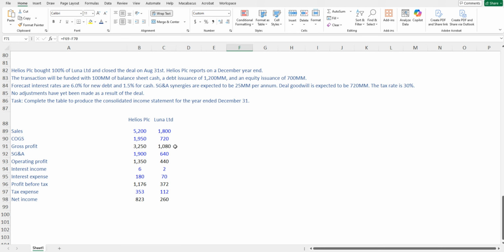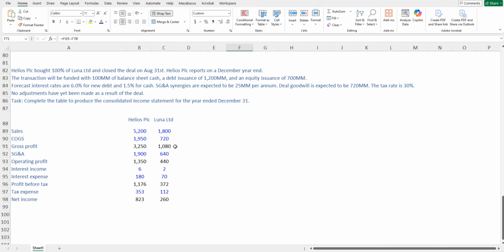So in this case, Helios purchases Luna and the deal will be closed on August 31st. So that being said, the previous figures, like from January to August, they don't really belong to Helios, right? The income statement of Luna, it didn't belong to Helios.